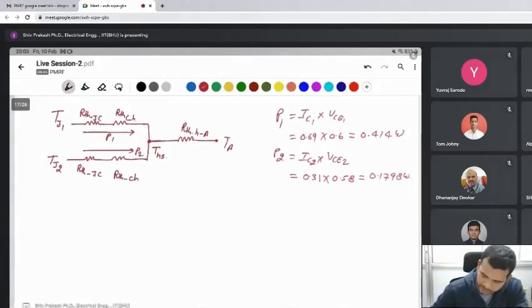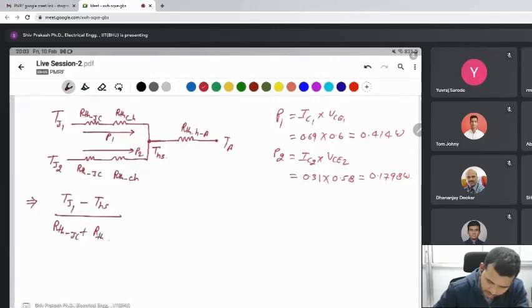After that, apply here: junction temperature TJ1 minus heat sink temperature divided by this thermal resistance RthJC is equal to P1.